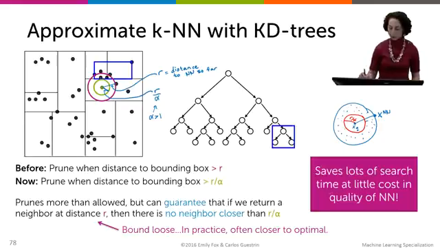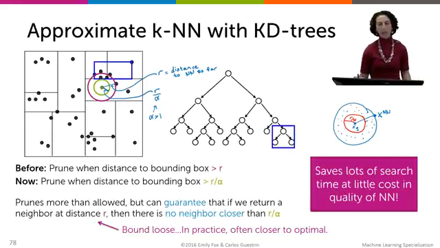Okay, so by doing this, we get a fairly good approximation, and actually this bound that we're stating here is rather loose, and in practice we're often much closer to the optimal solution. And importantly, it just saves a ton of searching you have to do, of course, if alpha is reasonably large. If alpha becomes 1, then it defaults back to our exact nearest neighbor search.